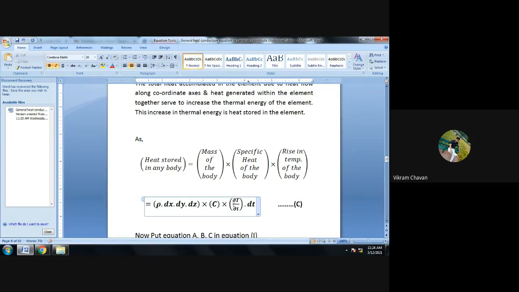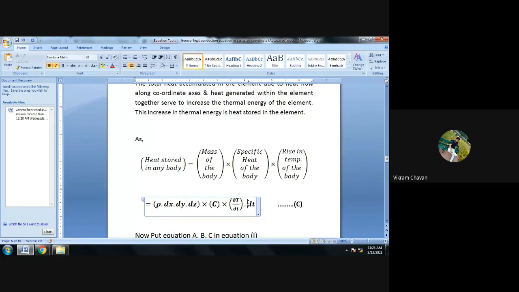Delta T is the change in temperature and delta small t is the change in time, and the total time interval is capital dt. So we multiply with capital dt, and we will get the rise in temperature of the body for a particular time period.